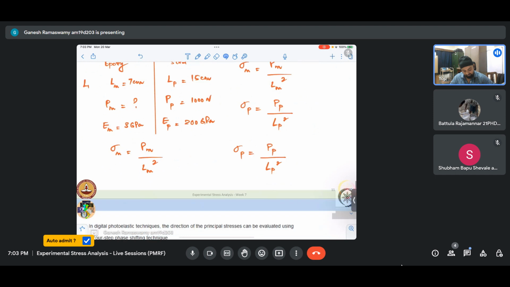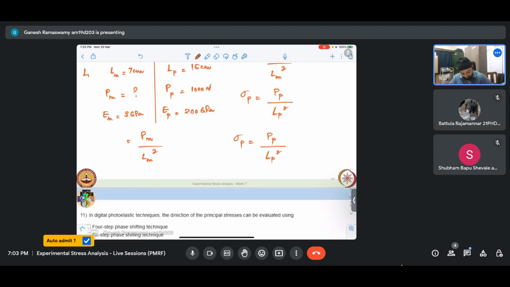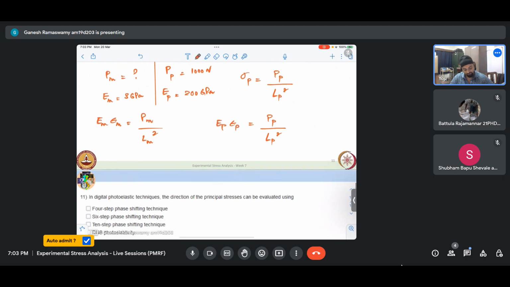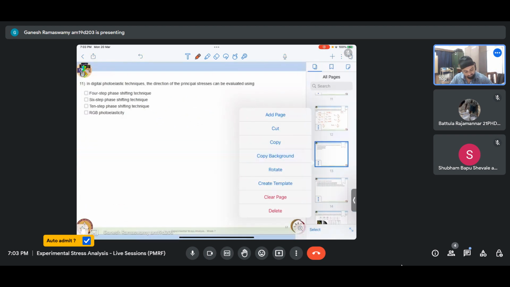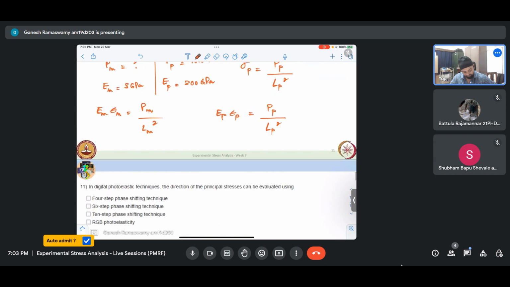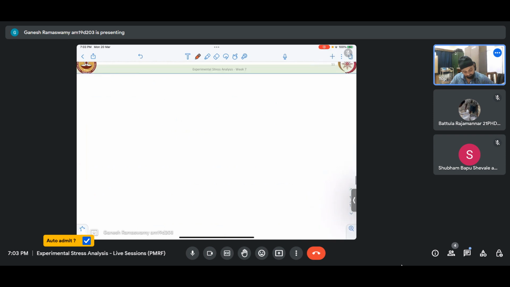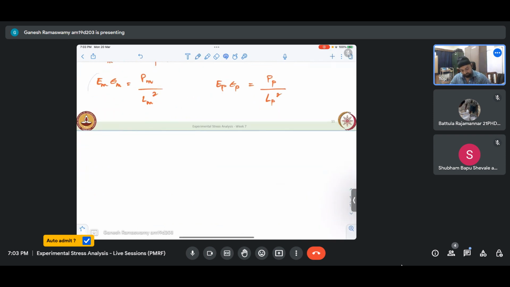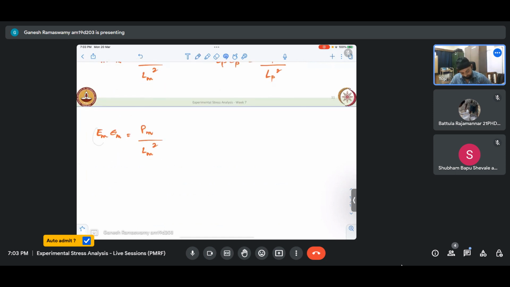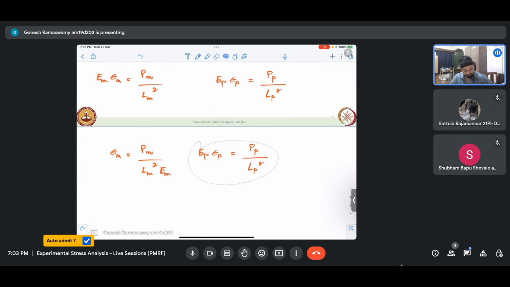Essentially, I know that stress is E model into strain in the model. Same I can do for the prototype. So from here I get this, and from here I get this.